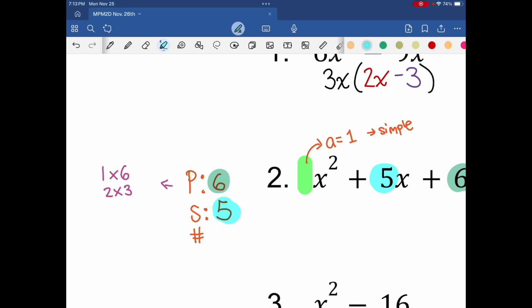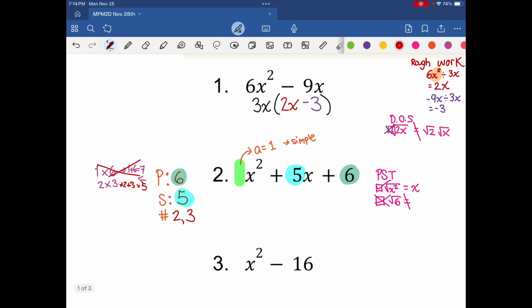So let's figure out which of those numbers, when added, give me 5. 1 plus 6 gives me 7, so that's not an option. What about 2 plus 3? Oh, 2 plus 3 gives me 5. Oh my gosh, I found my numbers. My numbers are 2 and 3.